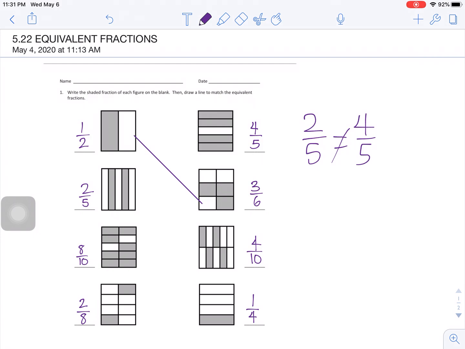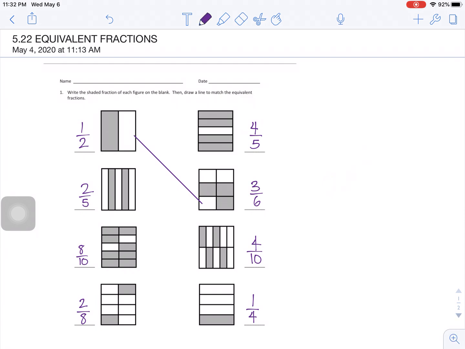Whenever we're looking at equivalent fractions, they have to be equal. The bottom numbers need to be equal, and the top numbers need to be equal distance away from each other. So this one, we would multiply by 1 to get to 5. This one we multiply by 2 to get to 4, and that's not equal. So we can't use that. Plus, they both have the same denominator, so they can't work that way.